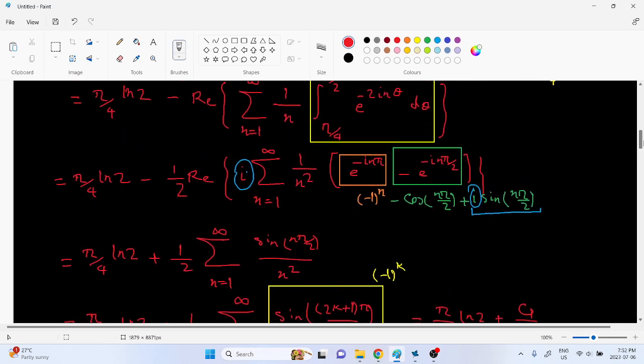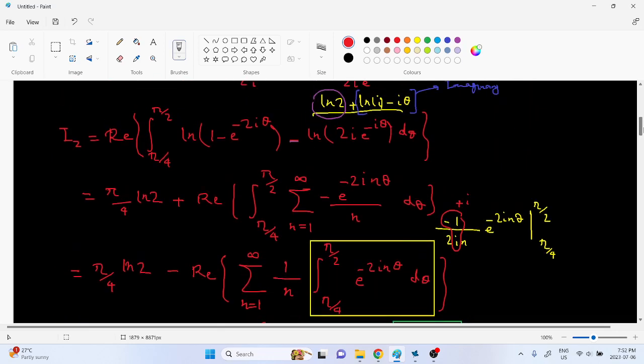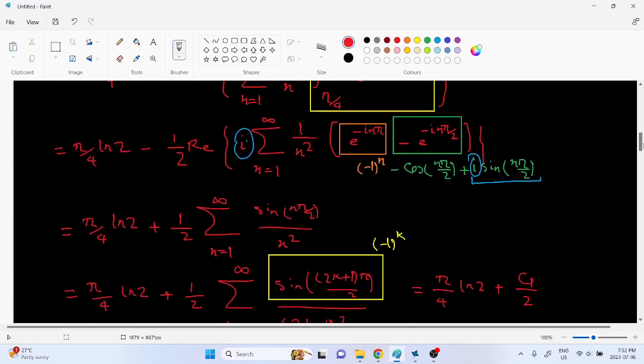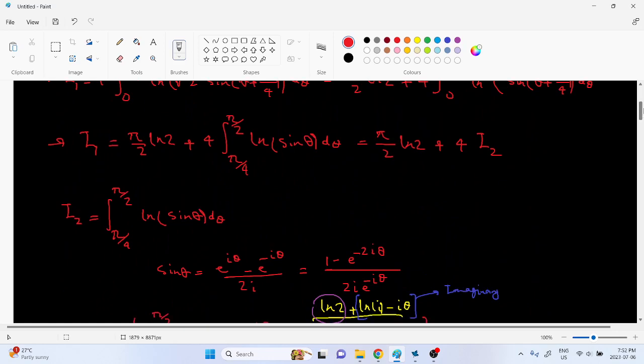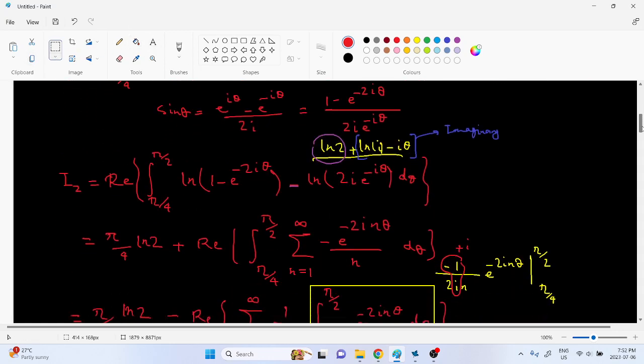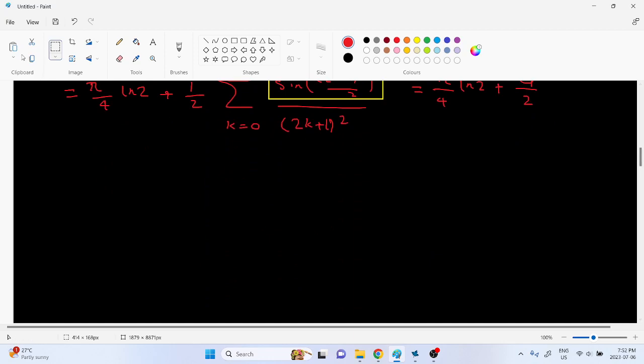Okay, now let's flash back. The integral we evaluated here, this final result is I2, and our I1 is pi half of ln of 2 plus 4 times I2. This is our I1.